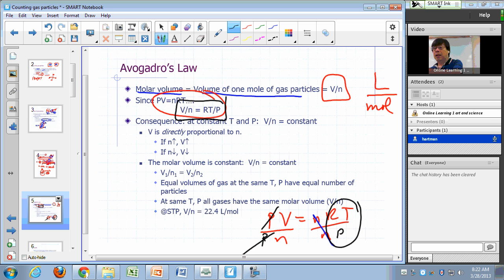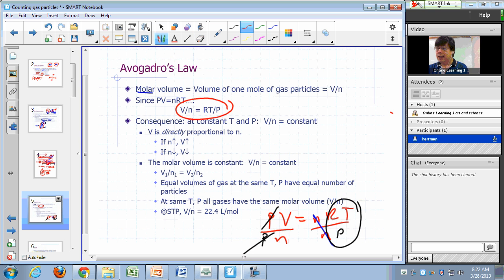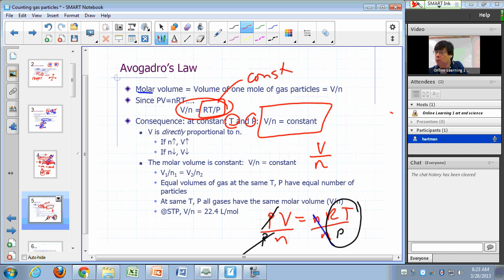What this equation is telling us is that if temperature and pressure are constant, then the right-hand side, RT over P, is constant. Then V over n is a constant. Anytime the ratio of two quantities is constant, they are directly proportional.